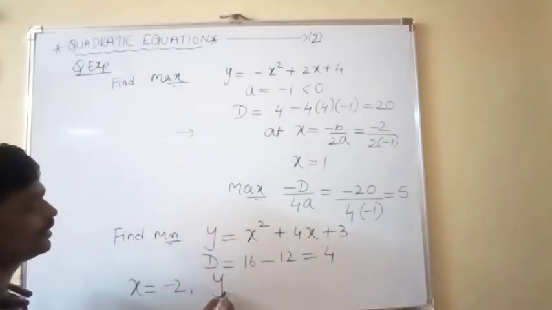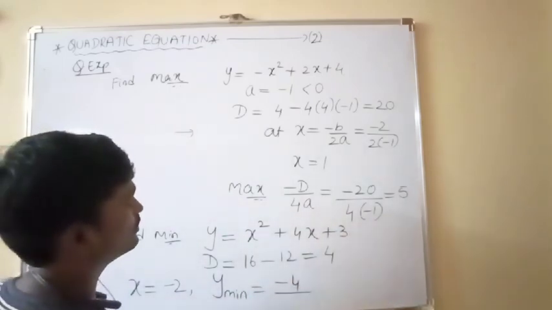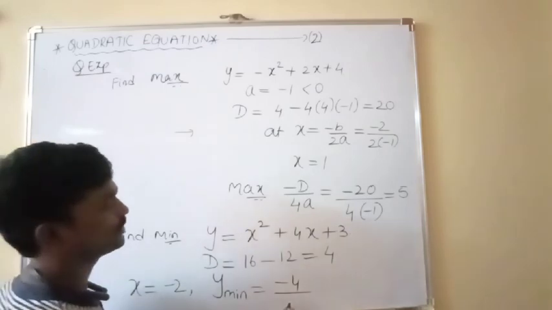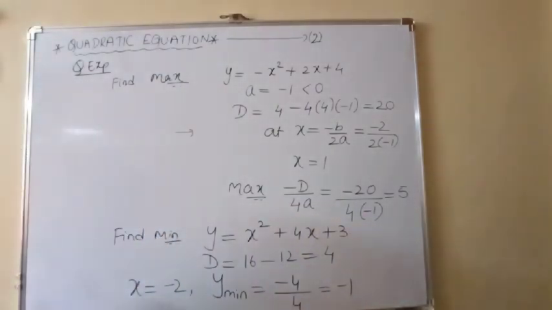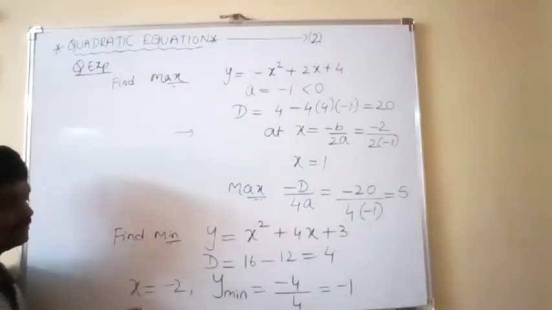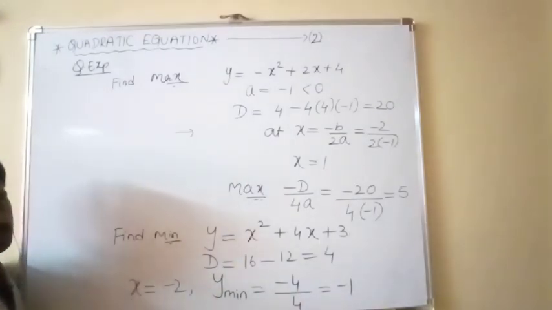The minimum value of y is minus d by 4a, 4a is 4, so minus 1. So this function has a minimum value when x is equal to minus 2, and the minimum value of the function is minus 1. Thus the vertex of this parabola is (minus 2, minus 1).